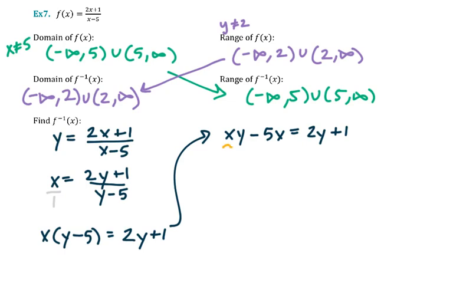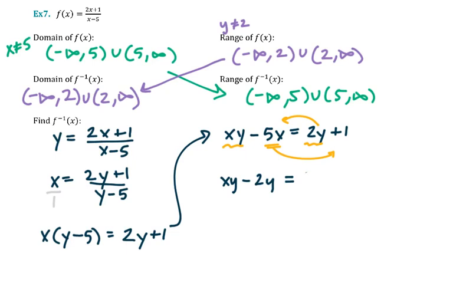So now that I have two terms with y, I'm going to get them on the same side. And I'm going to pull that 5x over to the side where there are no y's. So here I have xy minus 2y equals 1 plus 5x.